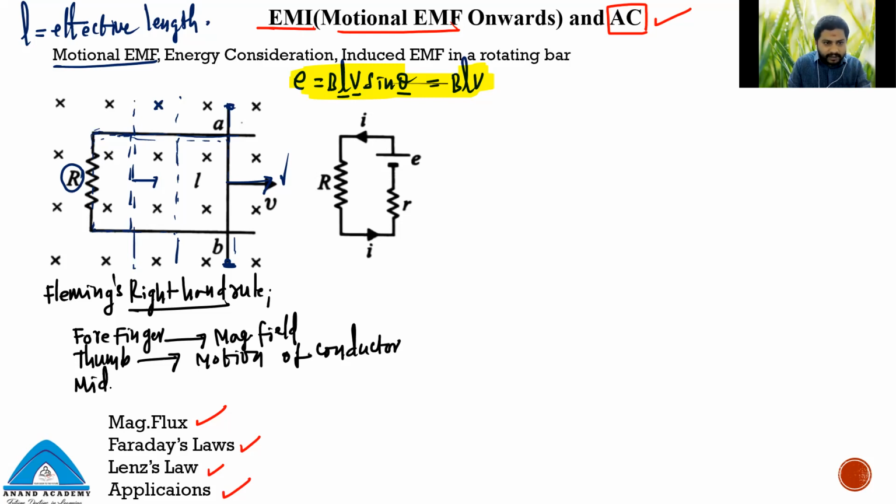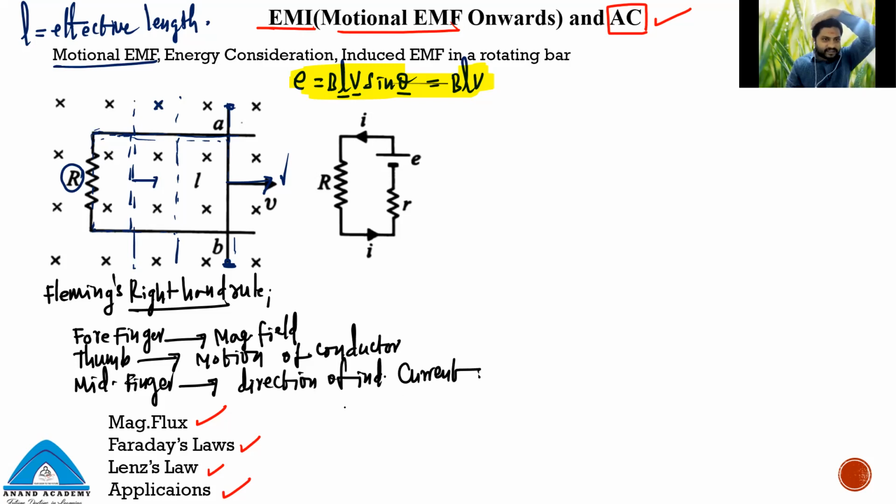Automatically, the middle finger will give you the direction of induced current. I hope you got the point here. So let us apply Fleming's right hand rule, my dear students.